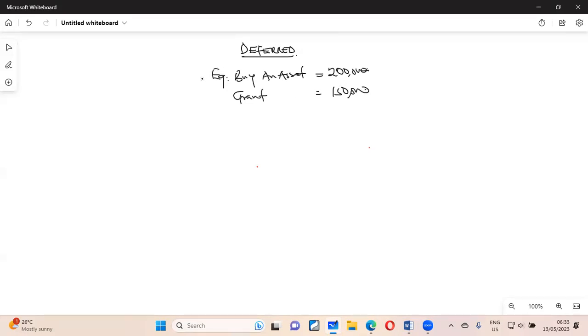I don't think you had a problem with the direct one, right? The one that says, okay, let me just do 50 and divide the 50. So the useful life of grant and asset is 5 years. The one that says, let me just use the difference 50 and divide it by 5. That one you don't have a problem with, or that one too I should go over.